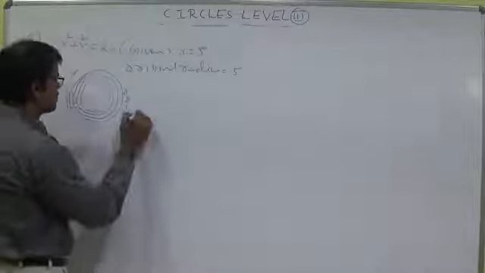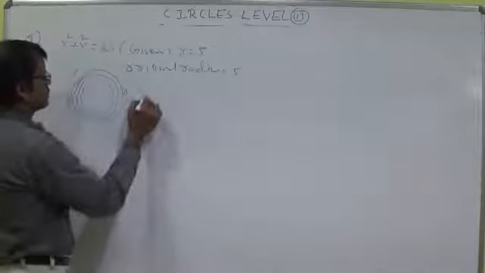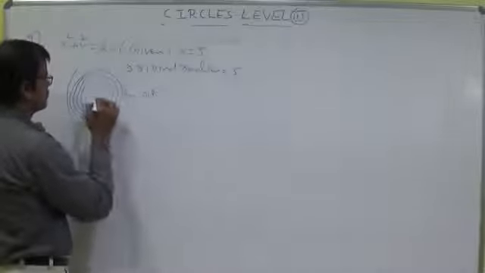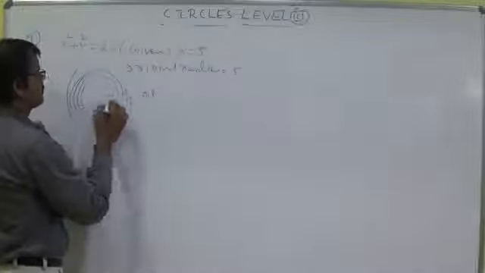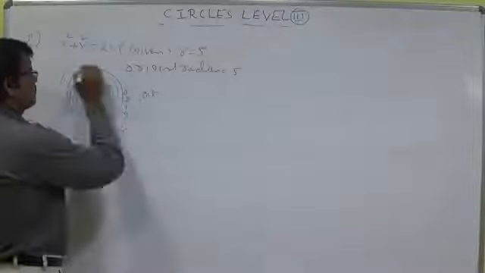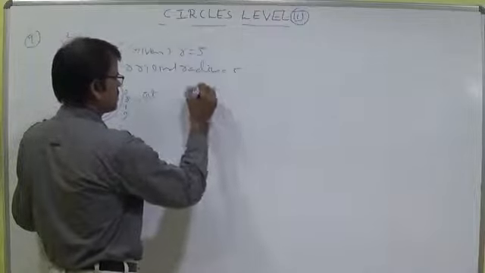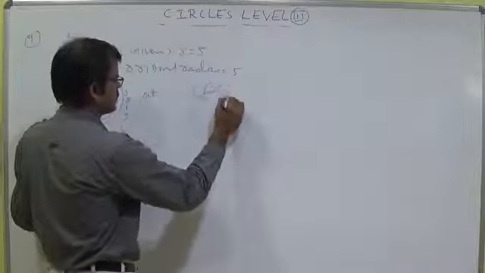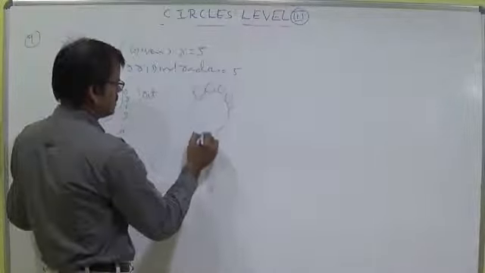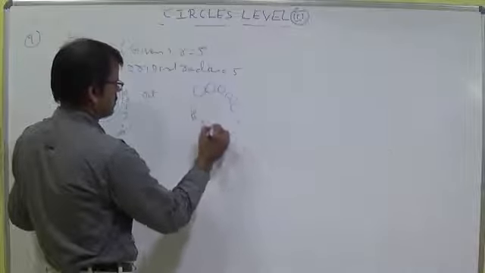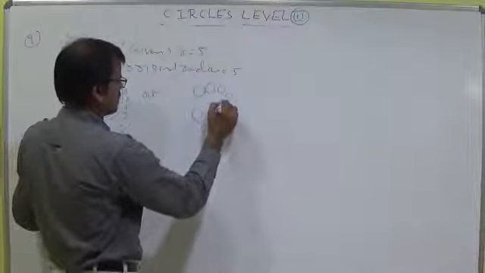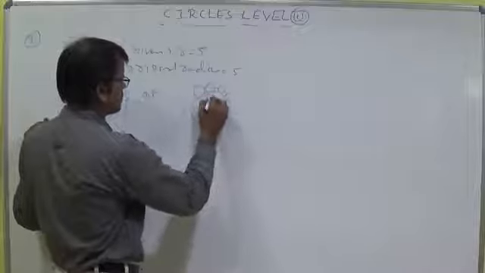So this is outside. This is out, this is in. Otherwise, you can say like this. This is rough diagram of course, because the circles should be concentric.